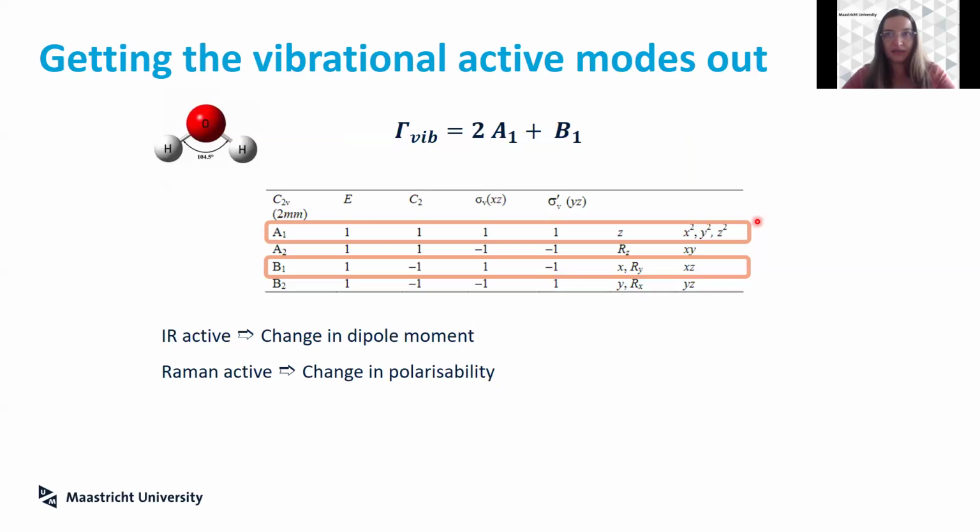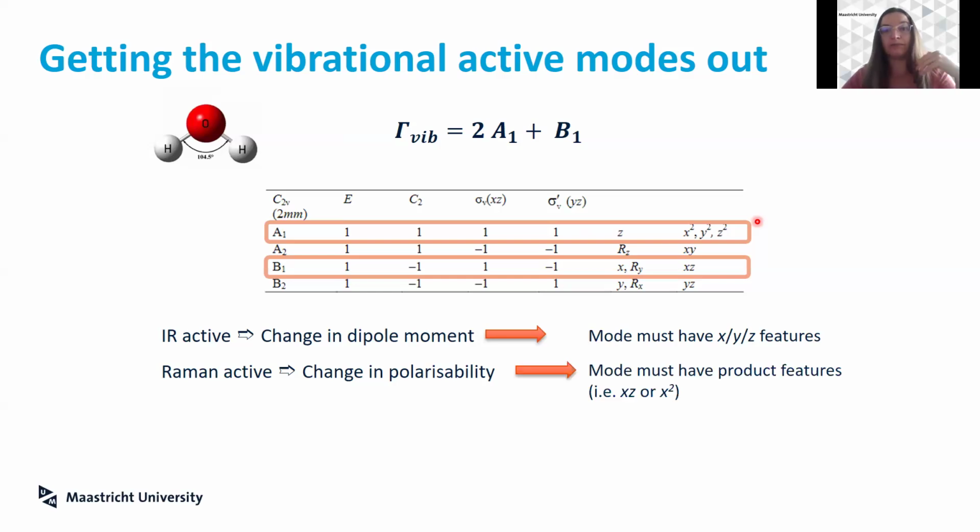So to be Raman active, you must have a change in the polarizability. In the infrared, you must have a change in the dipole moment. This means that you must have an x, y, or z component in the infrared, and a product feature, so something that is multiplied times a Cartesian axis, in the Raman.